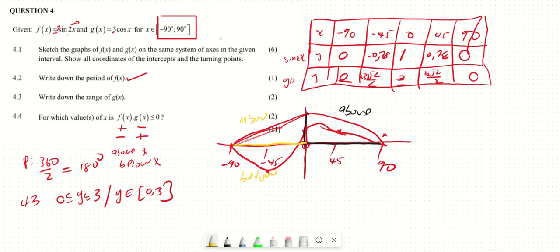Therefore this is happening from negative 90 less than or equal to x less than or equal to 0, because now the 0 is part of the answer. Or we can write that x is an element of negative 90 to 0. That's how we can answer these questions.